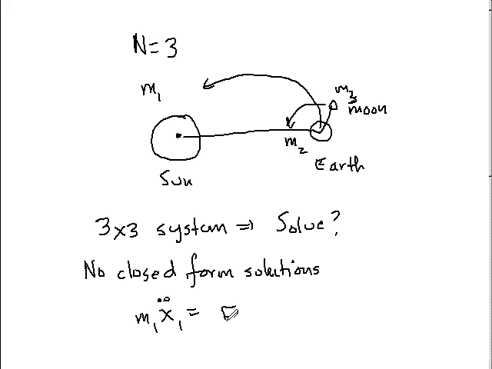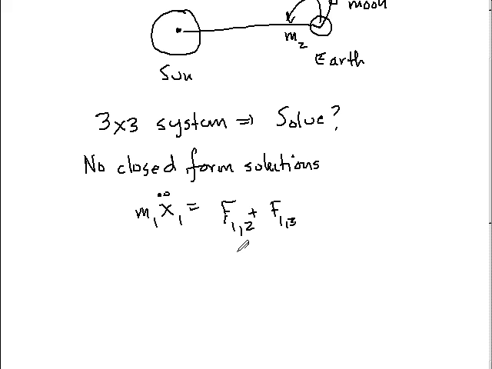So there would be a force on 1 due to 2, plus a force on 1 due to 3. And say F i,j is G mi mj over rij squared. So you can put this in here and you get a system.